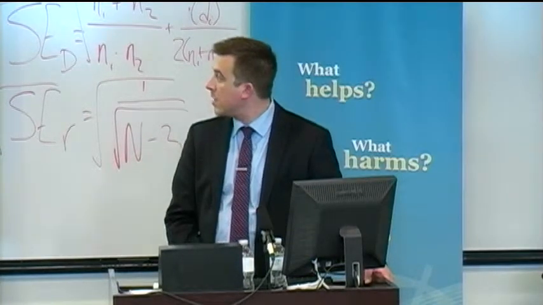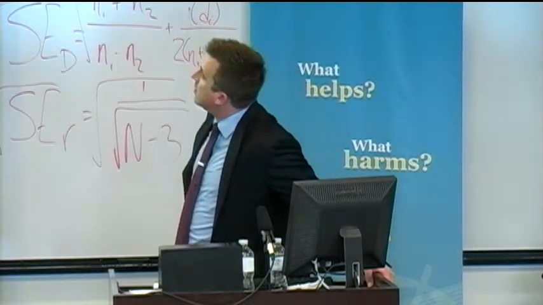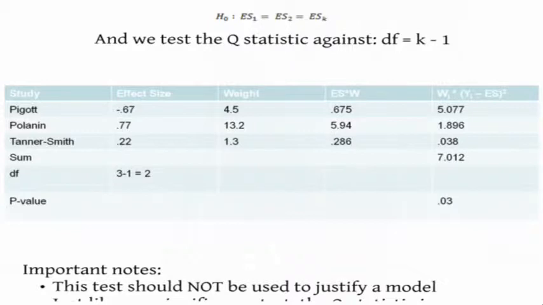Okay? So if we go back to our simple example here, we get the effect size, the weights, the effect size times the weight, and then I've calculated each one of those, the original form. Okay, so each one of these numbers represents each study. So we've got the weight of study i, or Terry's study, times the average pooled effect size minus the effect size of Terry's study, squared.